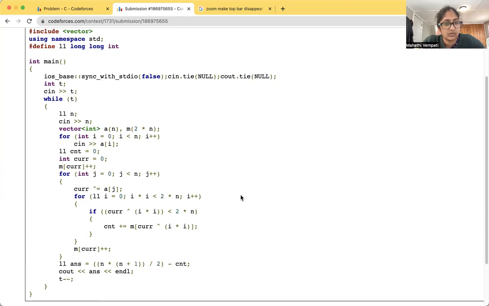Cur equals 0. I can't even understand this code.